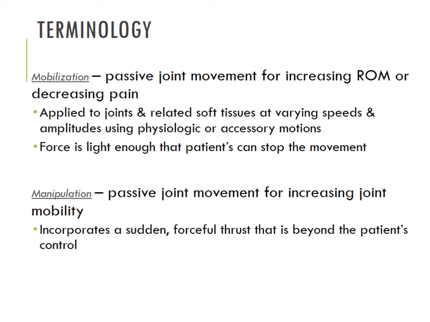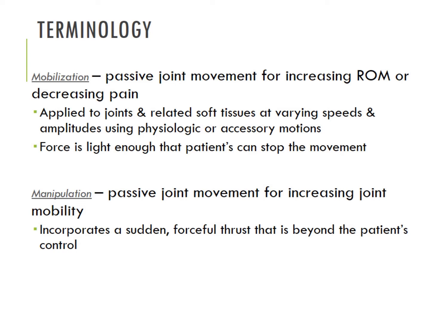accessory motions. So in the previous module of goniometry, we have learnt about what are physiologic and accessory motions. Physiologic motions were those voluntary movements which a patient does and which you can observe. For instance, flexion, extension, internal rotation, external rotation, abduction and adduction. These are those gross movements, large movements which you can visualize, and these are done voluntarily by the patients.